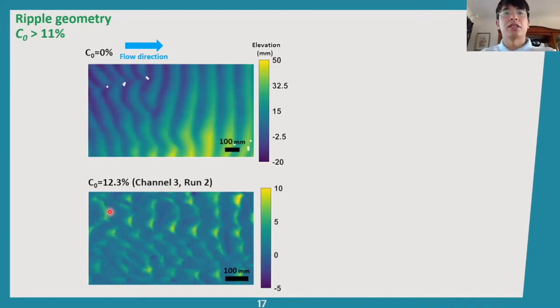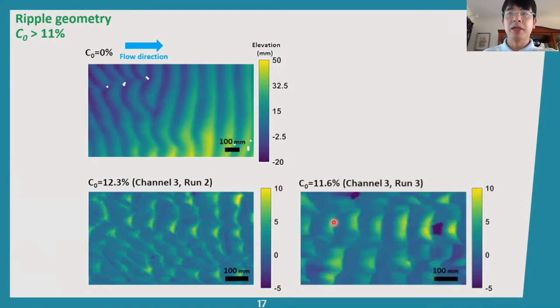They look like barchan-shaped ripples with discontinuous crestlines, and the elevation in this plot is quite narrow compared to the clean sand ripples for the elevation scale bar. And for the initial clay content of 11.6%, these ripples were quasi two-dimensional with straight but discontinuous crestlines.